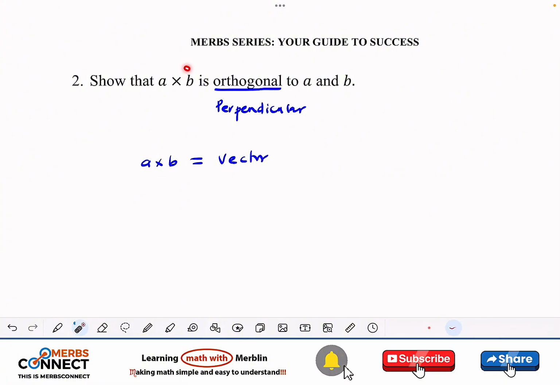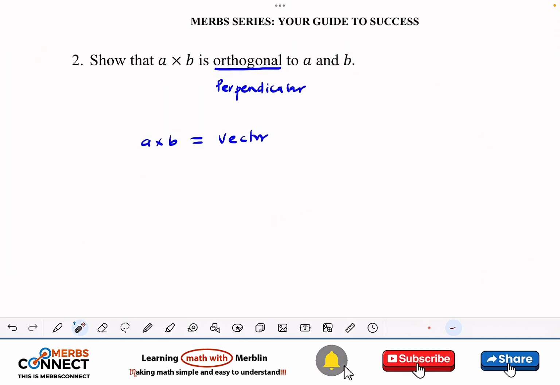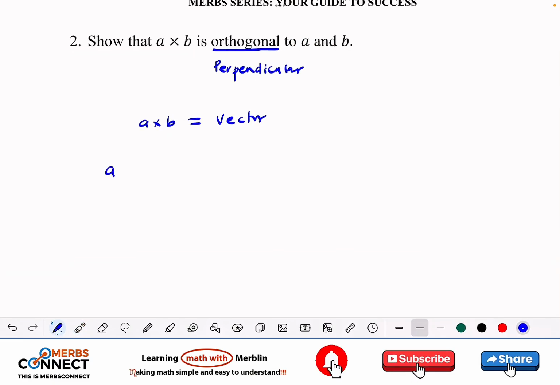Since we want to show that this vector is orthogonal to A and B, we need to dot this vector with A and also with B. So instead of finding the vector AB before we dot with it, we can just show that A dot A cross B is equal to 0, and B dot A cross B is also equal to 0. As I said, dot product is commutative.